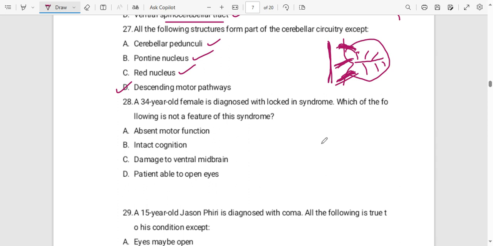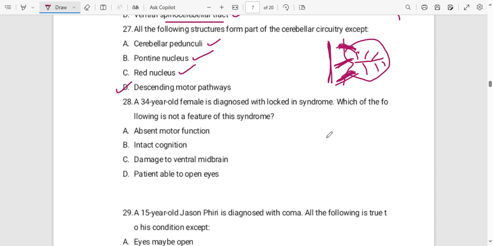Anything else about locked-in syndrome that we know? Thank you so much. Even the person can understand what you are saying because there is a sparing of the psychological aspect. It's just the motor system affected.